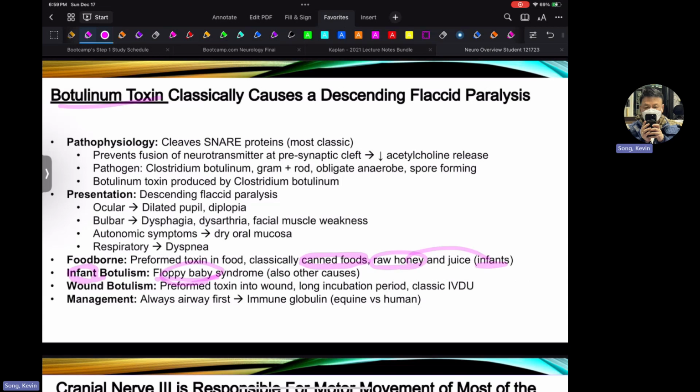That's why normally if we are old enough, that's not a problem. Over 1 year, over 2 years old, it's no problem. But if you are under 2 years, your gut bacteria is not formed yet. So that's the problem. Okay, fluffy baby syndrome. All right.